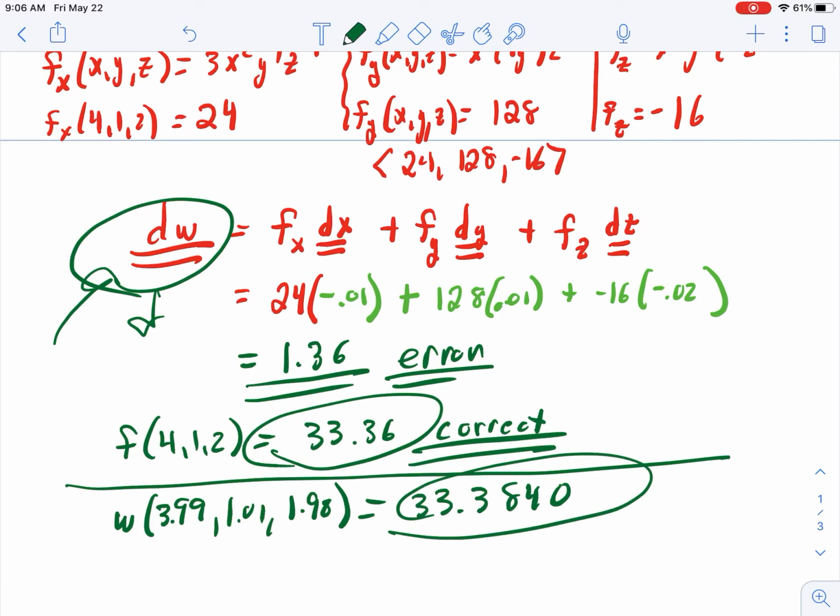In terms of looking at the two values, the error factor is between them.